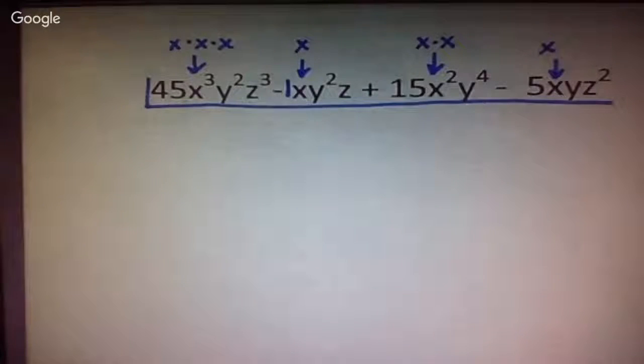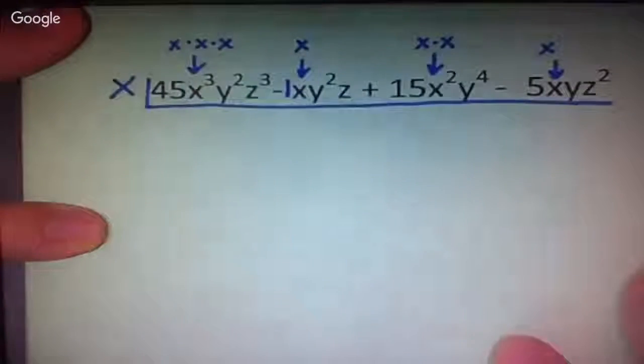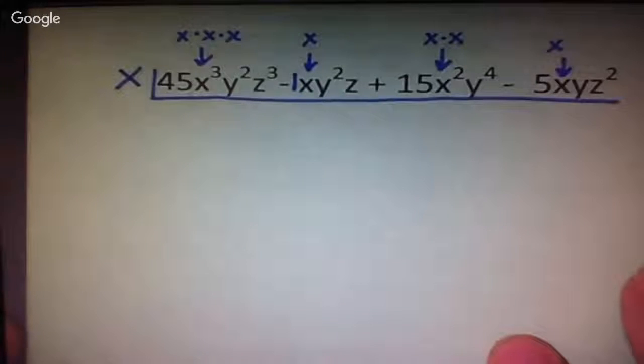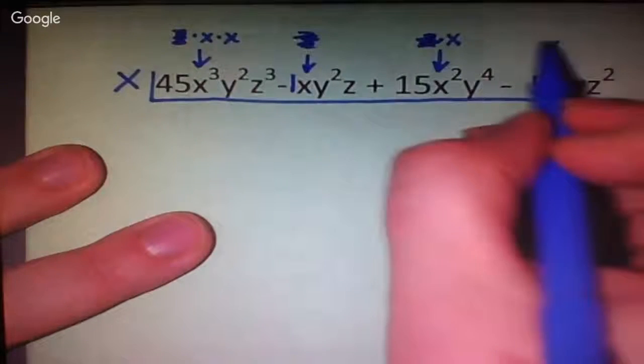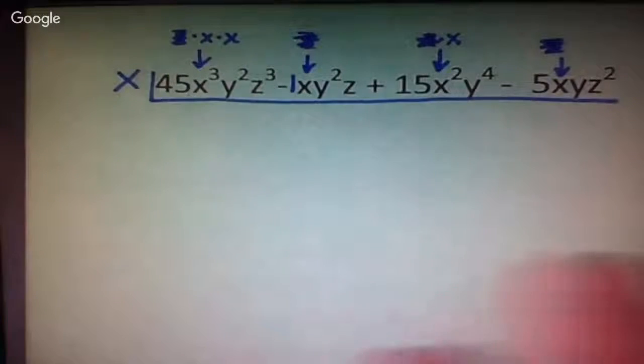How many total does each one share in common? 1. So I can actually pull out an x. When I take out one of the x's, each one of them loses an x. So my x cubed becomes x squared, my x disappears, and my x squared becomes x.